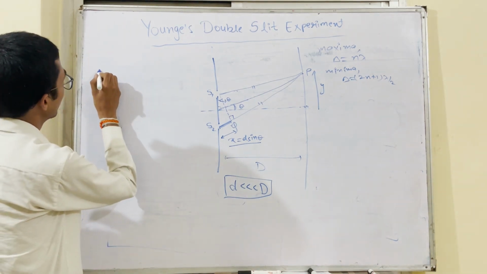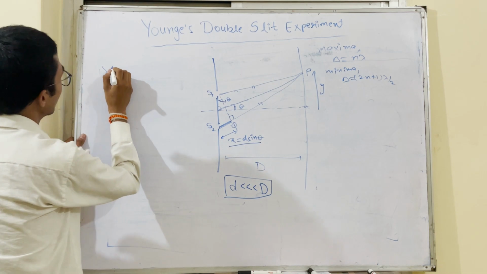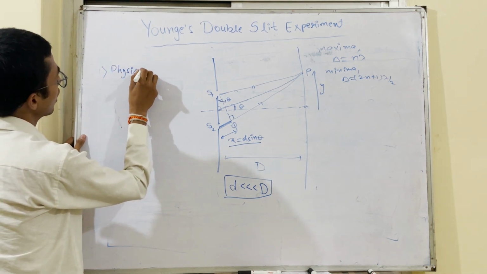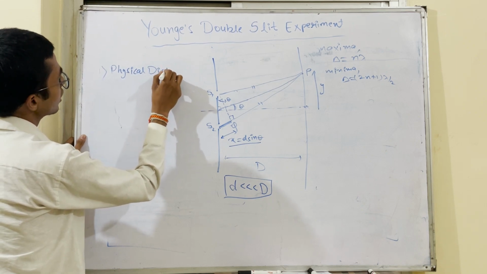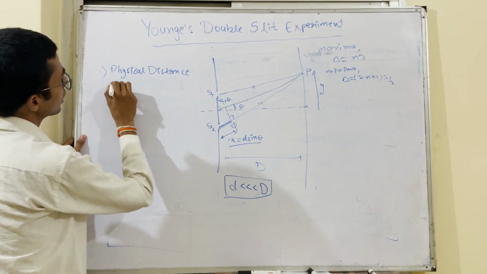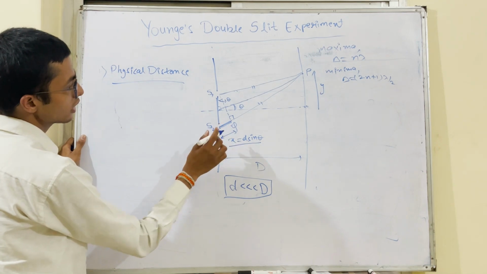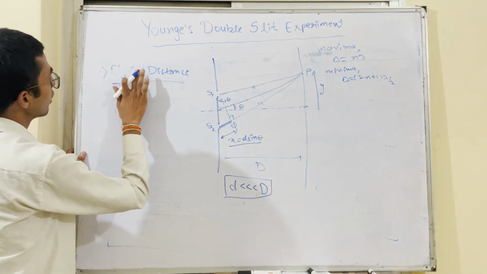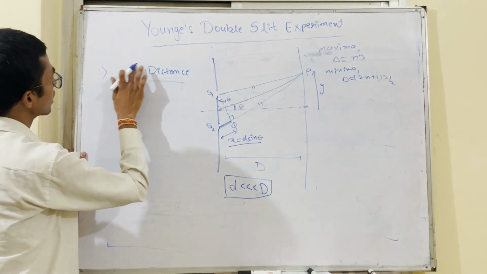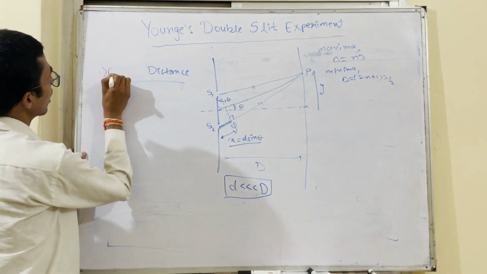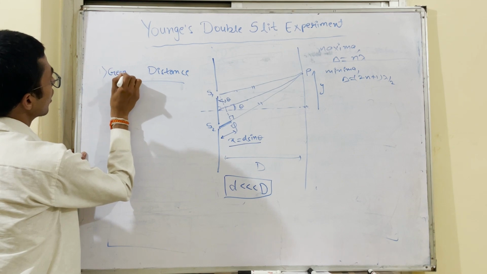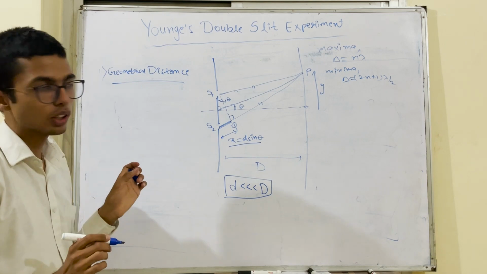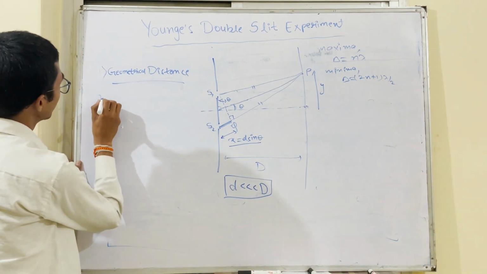First is physical path difference, by physical distance, which is this case only. Physical or geometrical distance, you can say; that will be the clearer term, geometrical distance.